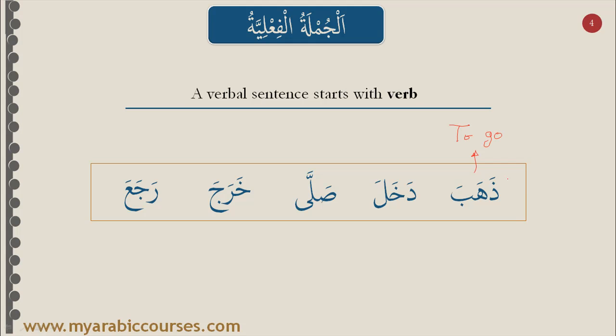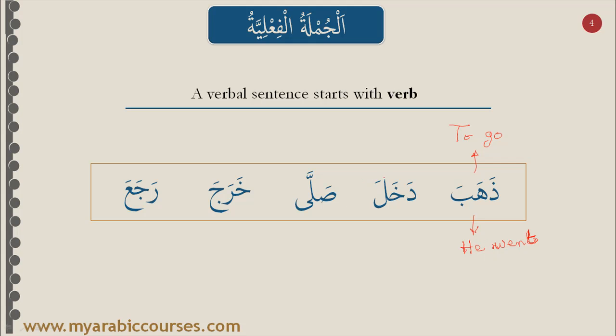But in the real sense, the real meaning of dhahaba is he went. So if you want to refer to the verb to go, just say the verb to go is dhahaba. But if you want to relate that verb in a sentence, dhahaba means he went.